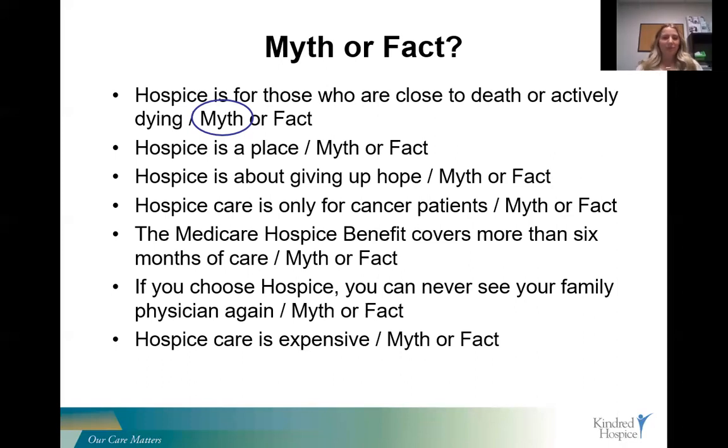And honestly, you think about people that you've known for a couple of days as opposed to weeks or months, and sometimes even years, that you build that trust with. So it is a benefit that is greater for people who are needing that benefit earlier than close to death or actively dying. So my next statement is, hospice is a place. Do you think that is a myth or a fact?